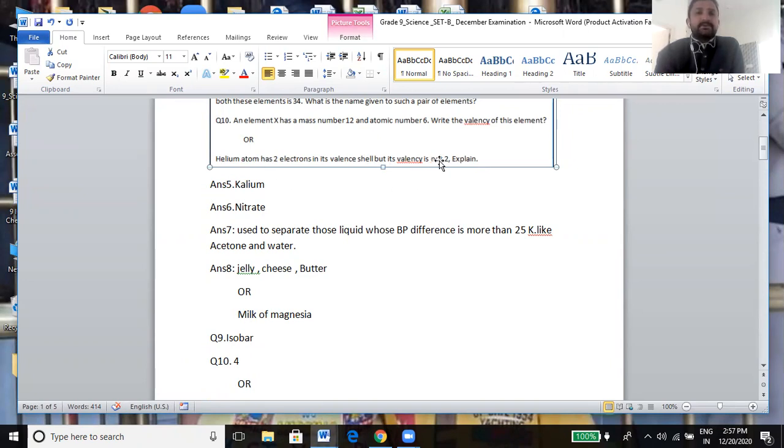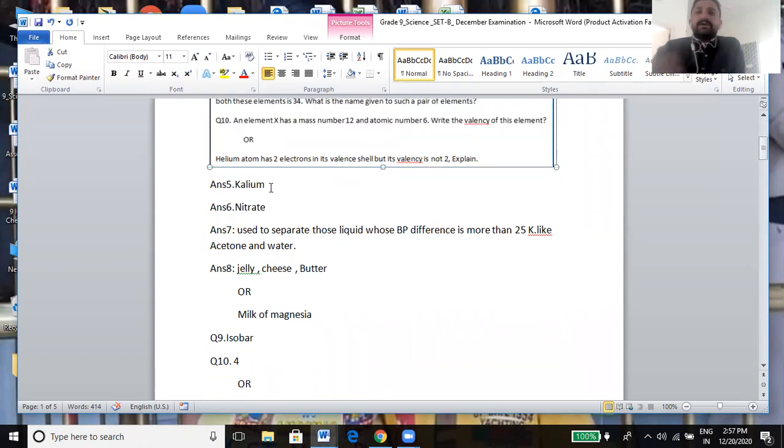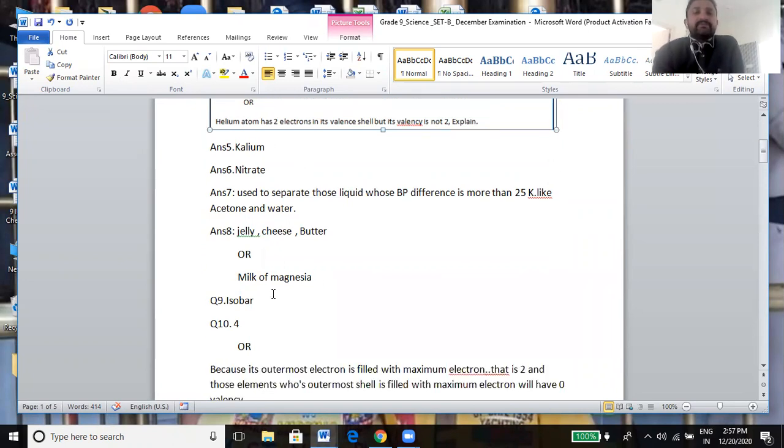Is the valency 2? No, because helium is a noble gas. Its outermost shell is fulfilled. It can only take a maximum of 2 electrons in the outermost shell, and it is filled with the maximum electrons. That's why they have zero valency.